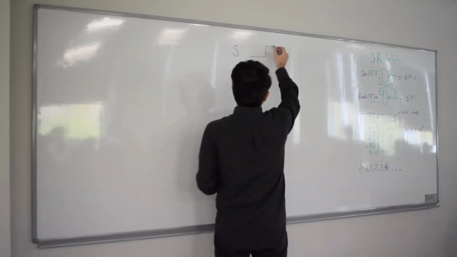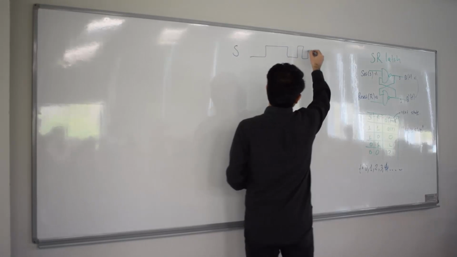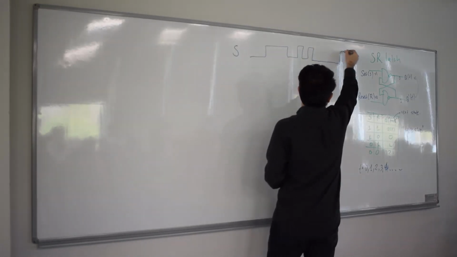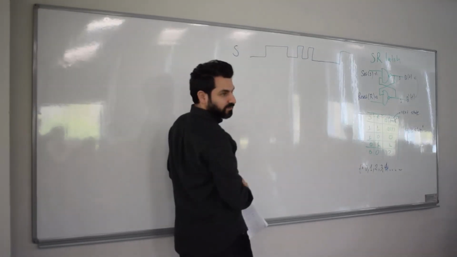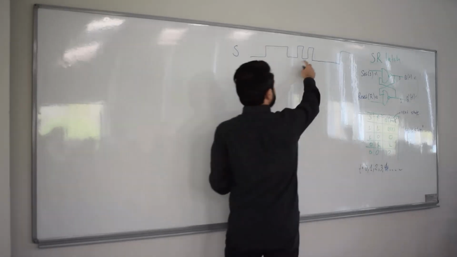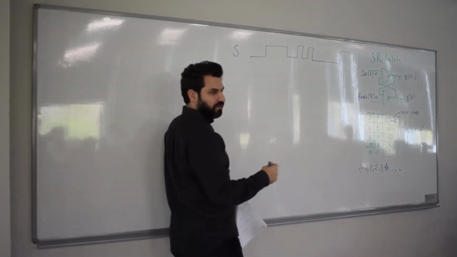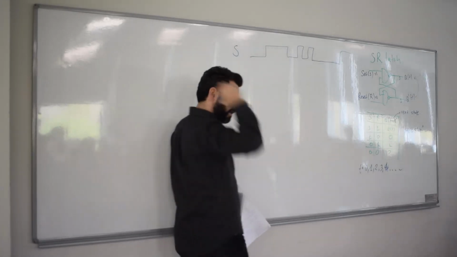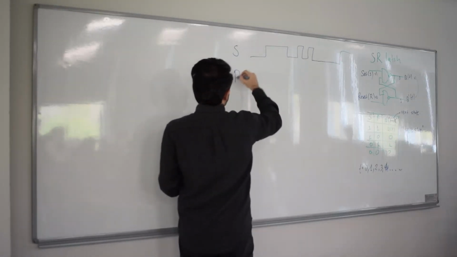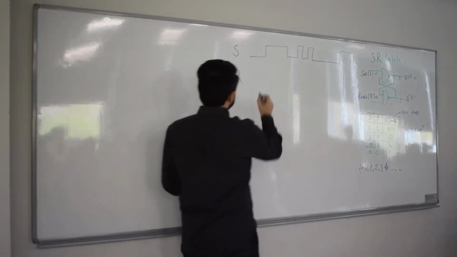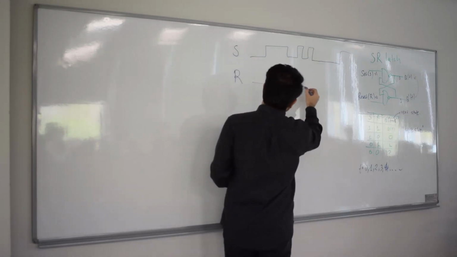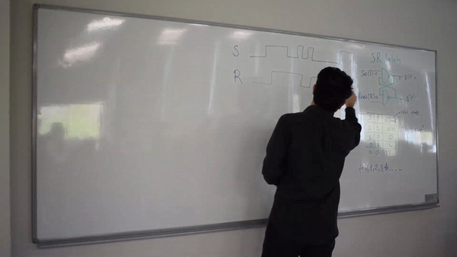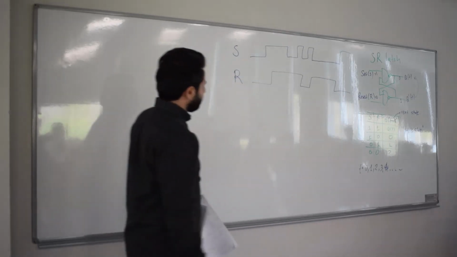So it's going to start like this, then do kind of fancy things and then go something like that. Of course, because of my drawing, it may not look to scale, but these are either 1s or 0s. Okay, now we have R. This is the reset input. All right, something like this.